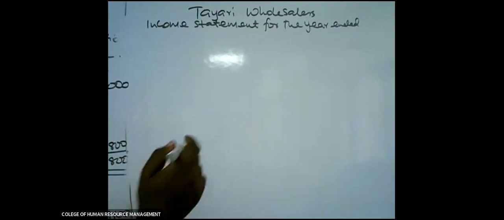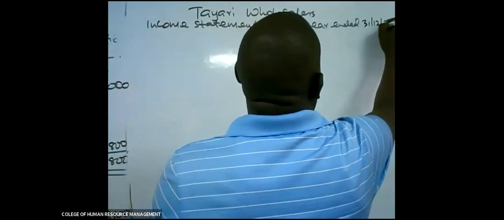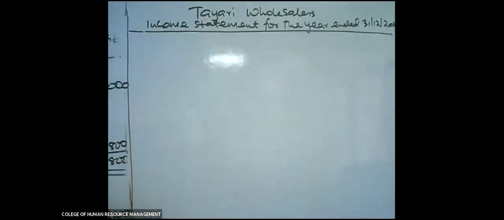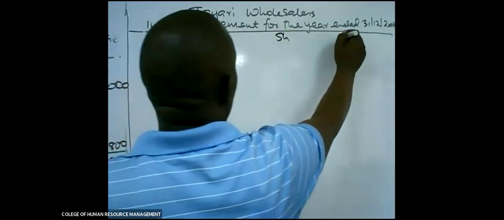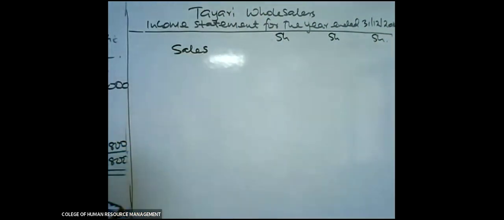This is for animation. 1.5, for the year ended 1st December 2014. So the sales amount is 1,500,000.